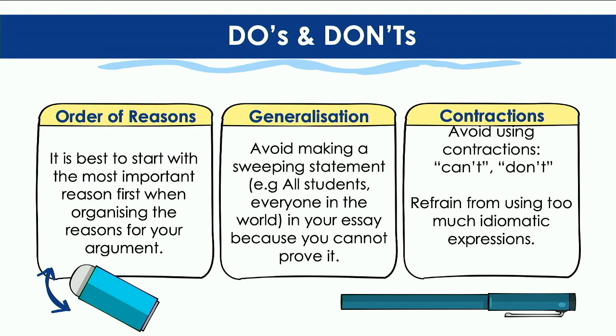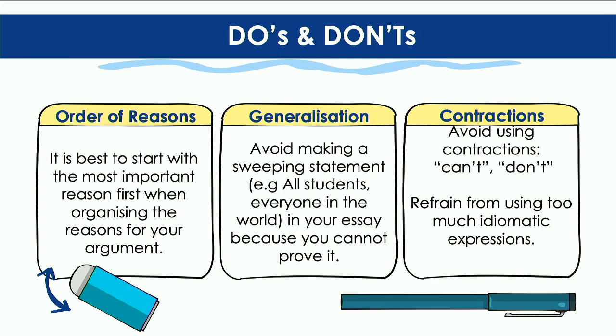And before we end today's session, I would like to tell you a bit of the do's and don'ts in writing an argumentative essay. Okay, so when you organize your reasons, your arguments, make sure to start with the most important reason first and the least important one last. Okay? And then avoid making a sweeping statement. Avoid making overgeneralization.